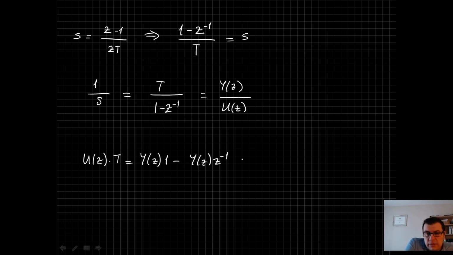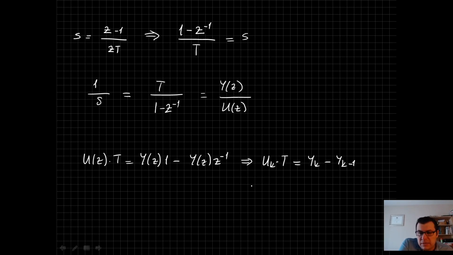So if we move from here to the coding implementation, we can claim that u k times time sample T, that T is actually dt, right, is equal to y k minus y k minus 1, right? Because z to the minus 1 was just waiting one step for the next result.